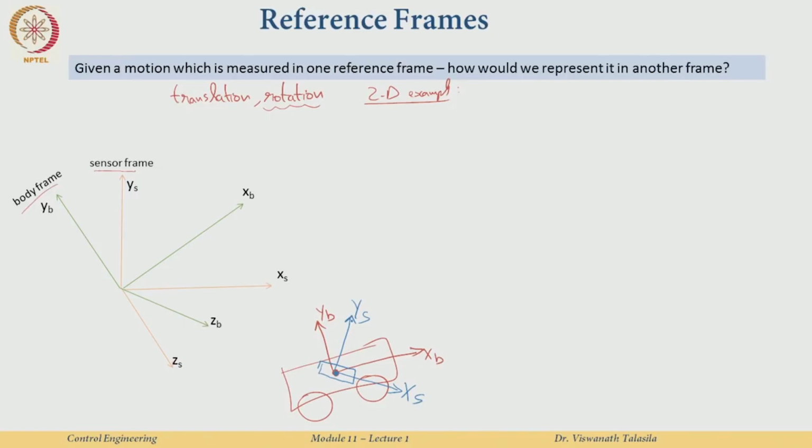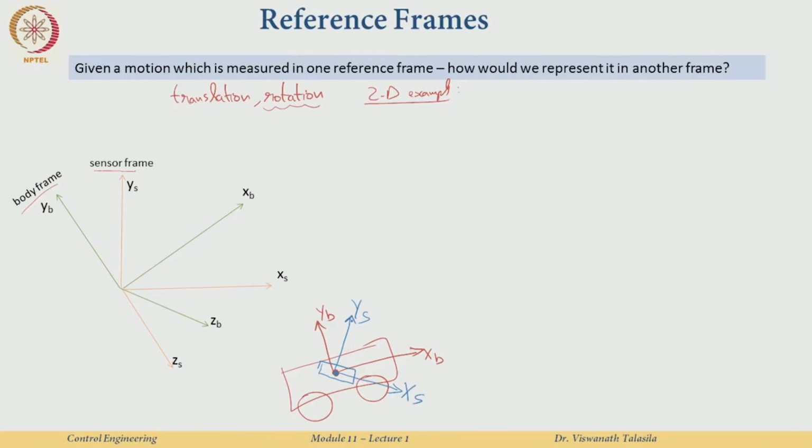There is only a difference in the rotation between the two, and it is intuitively very clear by now to most of you. All you need to do is to rotate the sensor reference frame by a certain angle to match the body reference frame, and that is exactly what the 2D example is all about.